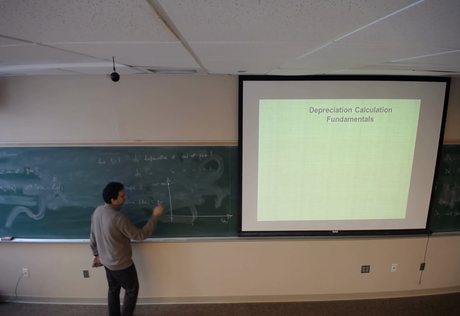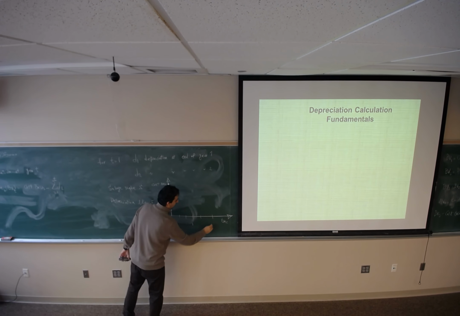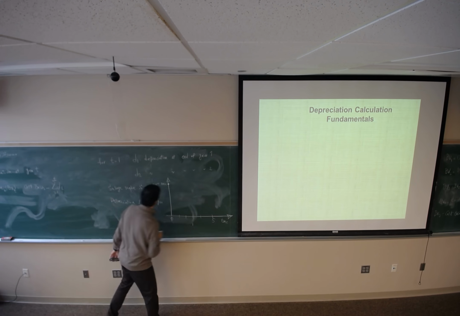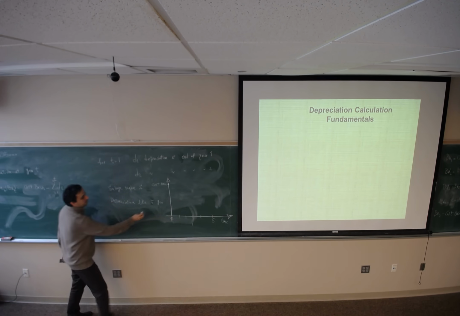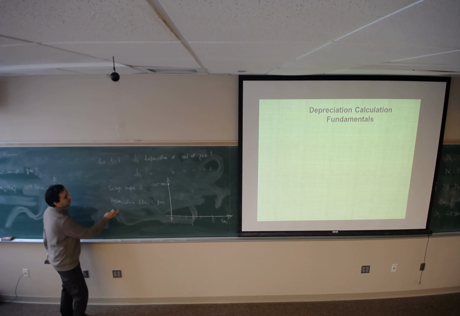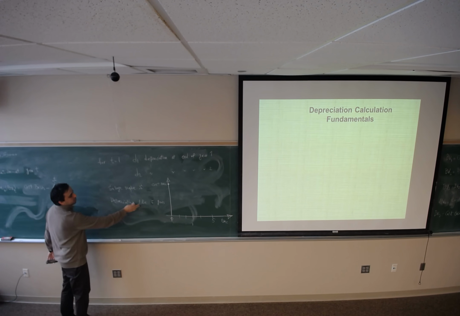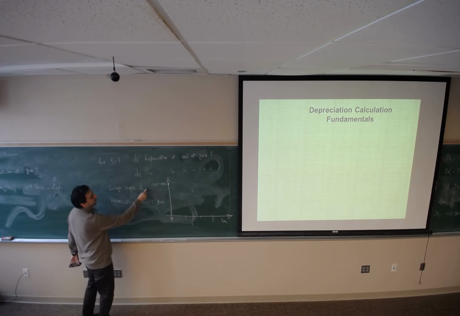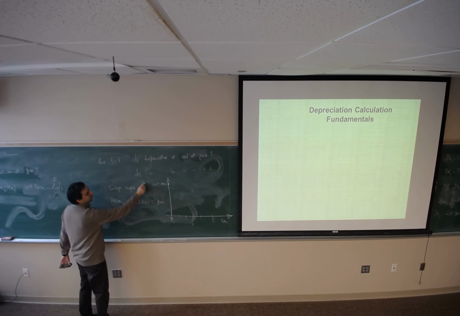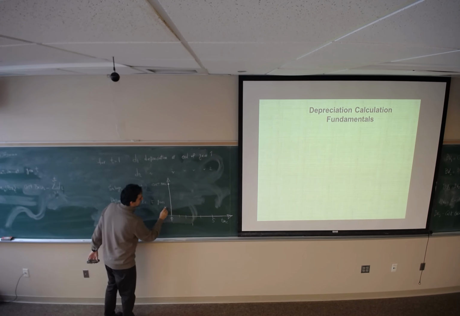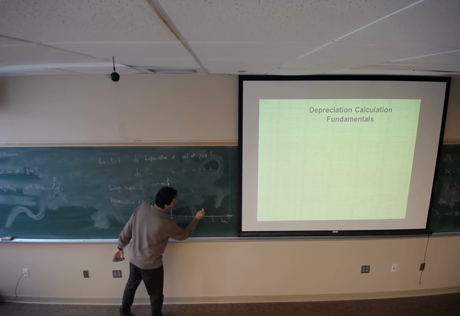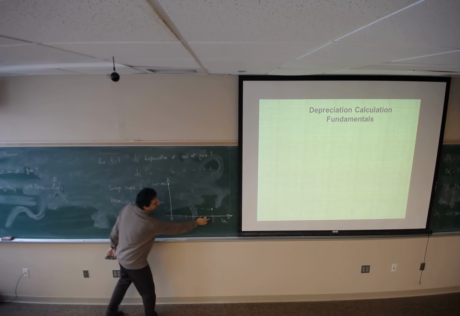Depreciation 1, 2, 3, 4, 5. So the depreciation life is 5 years, and at the end of 5 years, the value of this equipment is at salvage value, S, at the end of depreciation life.